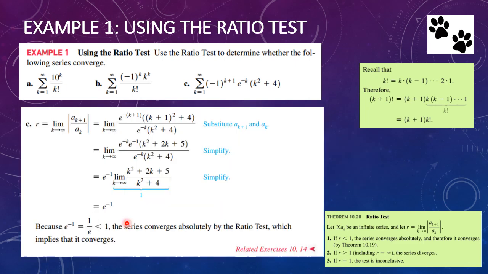So let's look at our last problem here. C is negative 1 to the k plus 1, e to the negative k times k squared plus 4. Okay? So here they've automatically taken out the negative 1 since we're doing the absolute value.